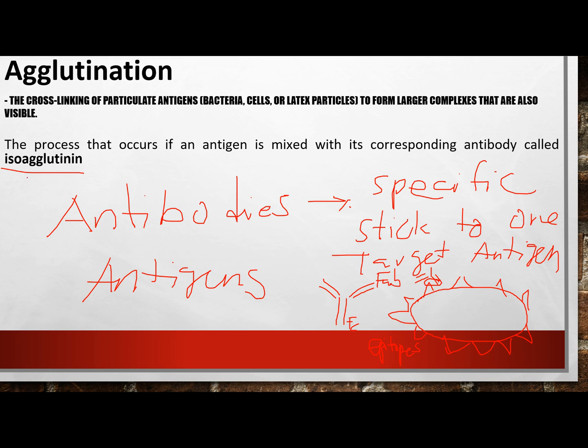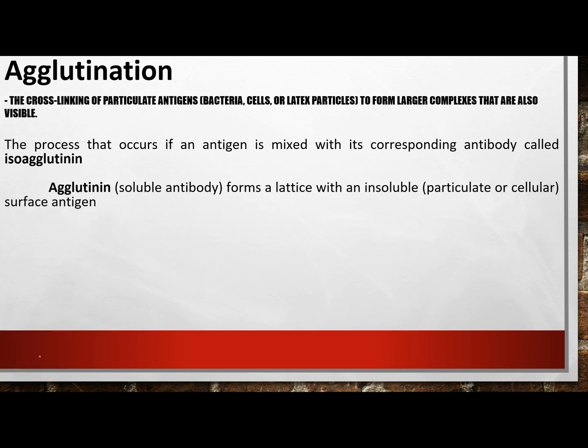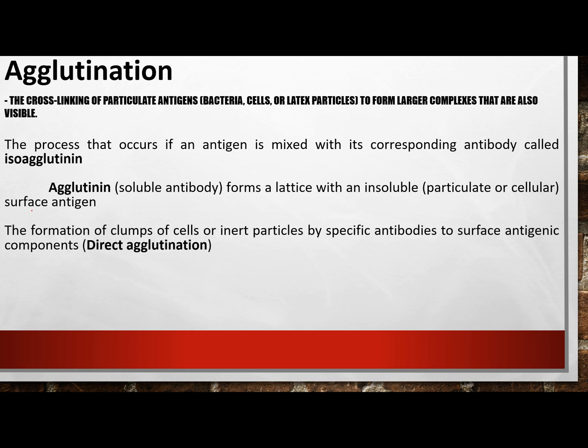So another name of antibodies is isoagglutinin. Now, agglutinin, also known as your soluble antibody, would form a lattice with an insoluble particle or cellular or surface antigen. The formation of clumps of cells or inert particles by specific antibodies to surface antigenic components is known as direct agglutination.